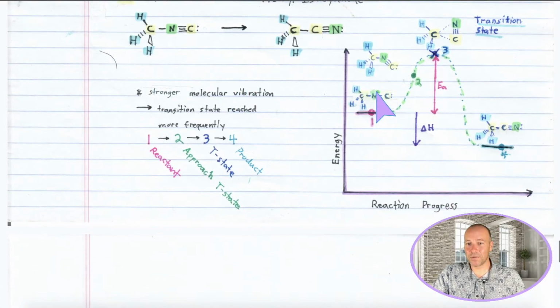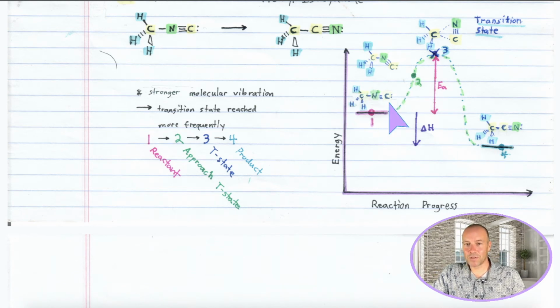So this molecule is vibrating more vigorously. It's getting to this transition state structure more frequently. At colder temperatures, the bond might not vibrate so much, and so it's not going to reach this transition point and turn into product as often.